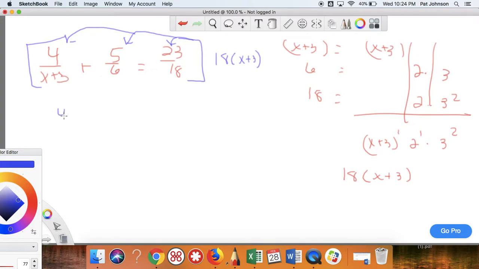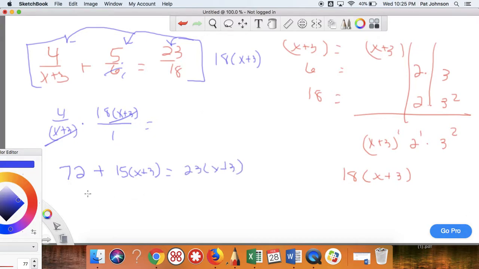When you multiply 4 over x plus 3, well, we already did these in a section before. This cancels out, and I'm just left with 4 times 18, which is 72, plus, if I multiply 5 over 6 times this, the 6 cancels out and this becomes 3. So this becomes 15 times x plus 3, equals, the 18s cancel out, so I just have 23 times x plus 3.